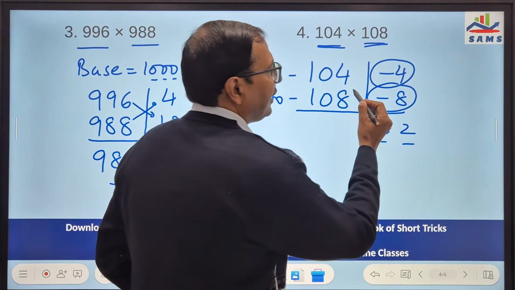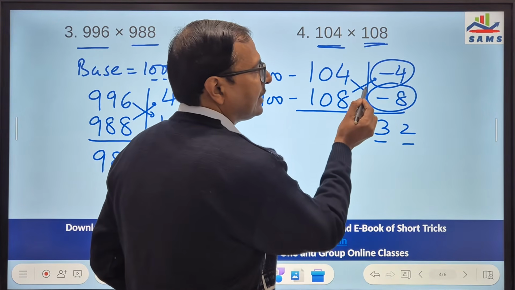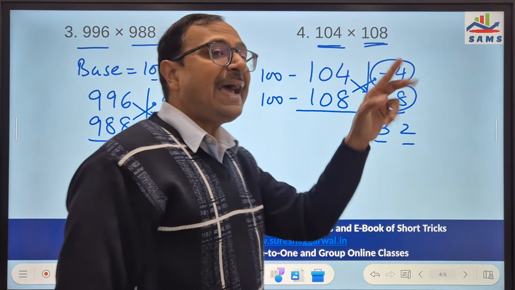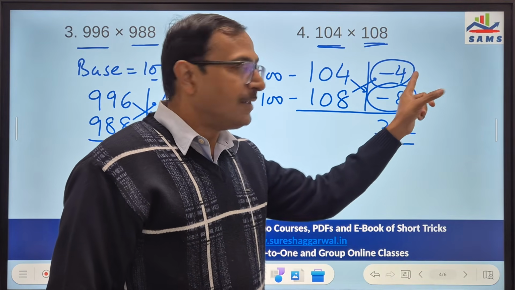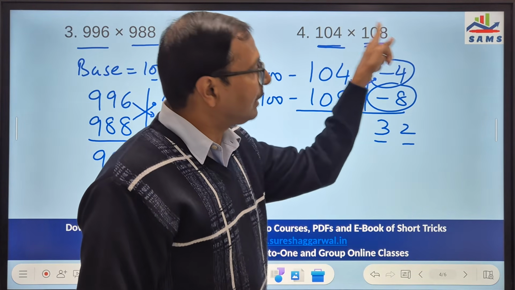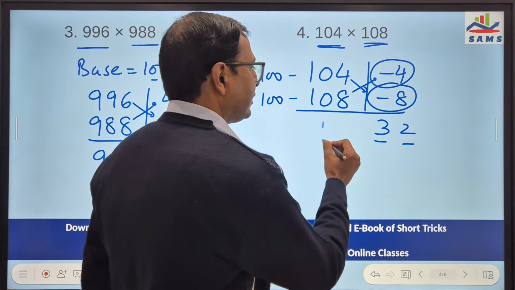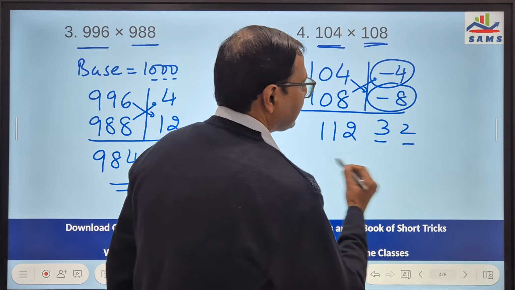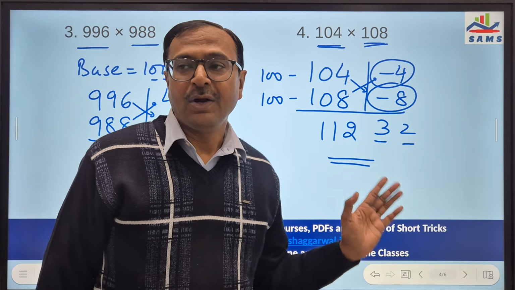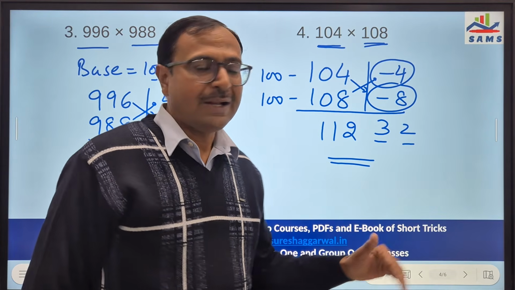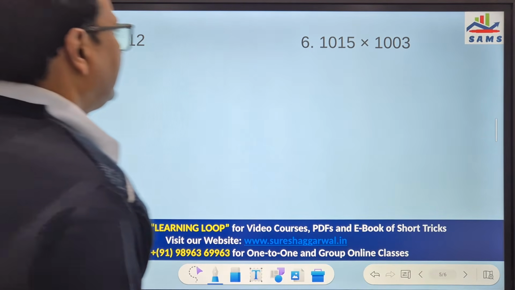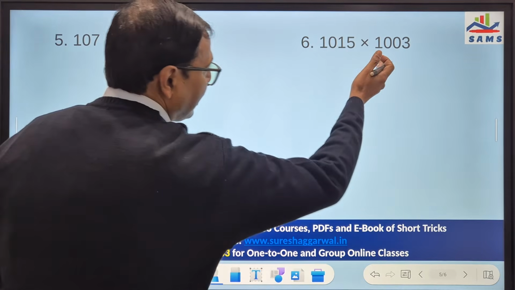And now, when you subtract like this or like this, actually the numbers get added because this is already negative. So 108 minus minus 4 is 112, and that gives me the product 11232.